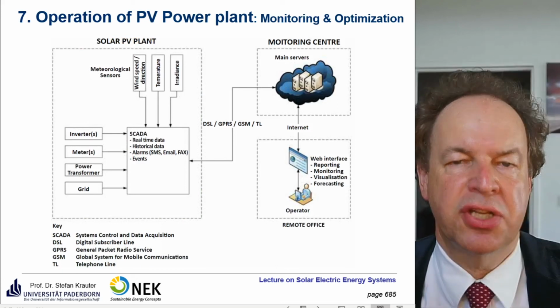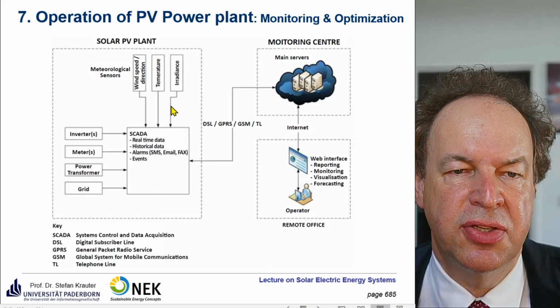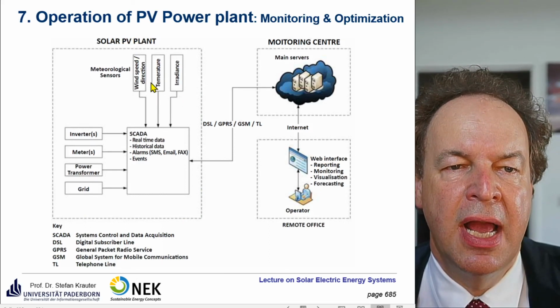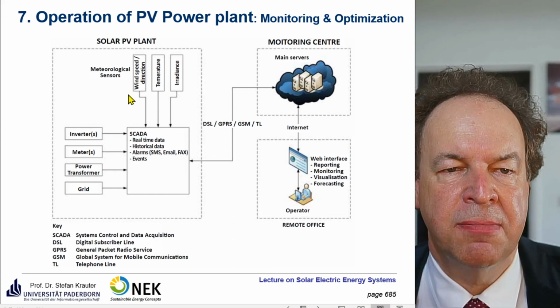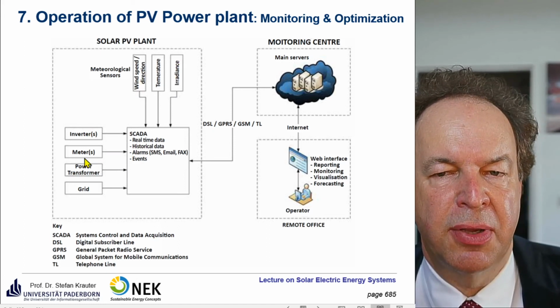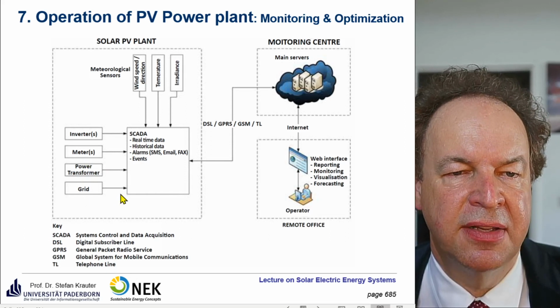Here you see the operation, the monitoring, optimization. So you see the meteorological sensors, most important the irradiance sensor, but also the temperature sensor and wind speed and wind direction. Then you have operation data of the inverters, the meter, feed-in meter. Sometimes you have a DC meter also, the power transformer and the grid.